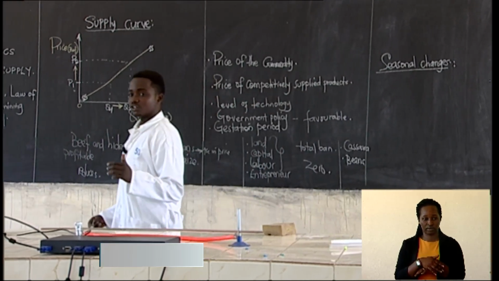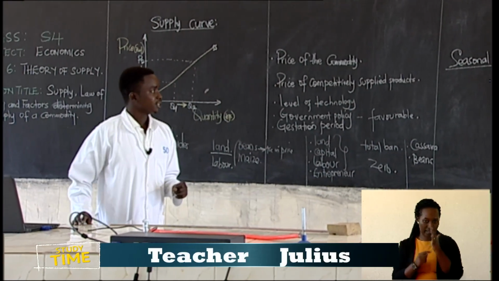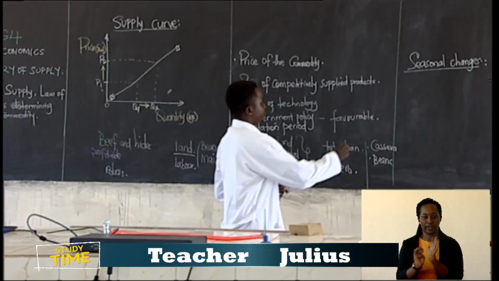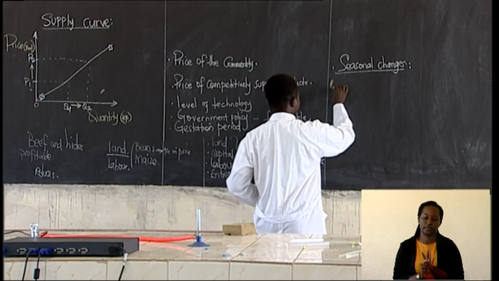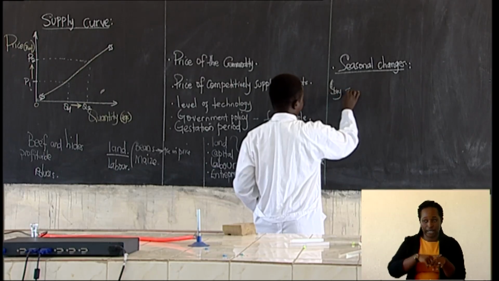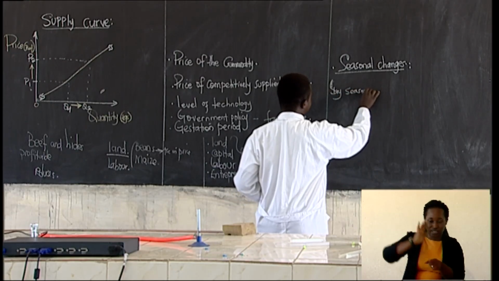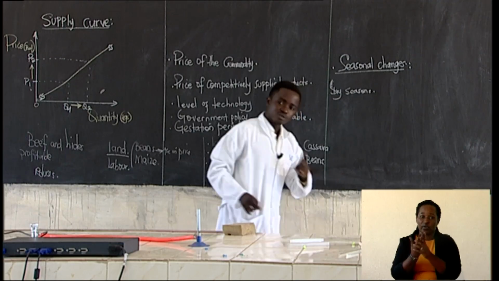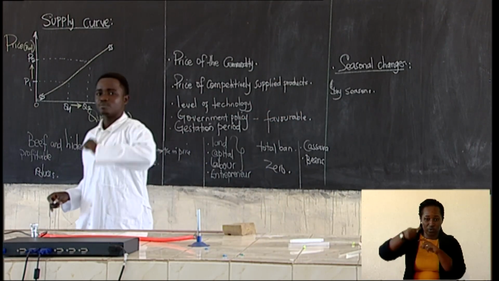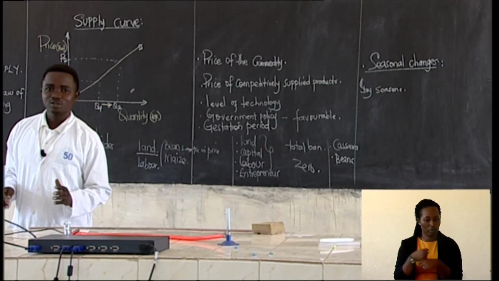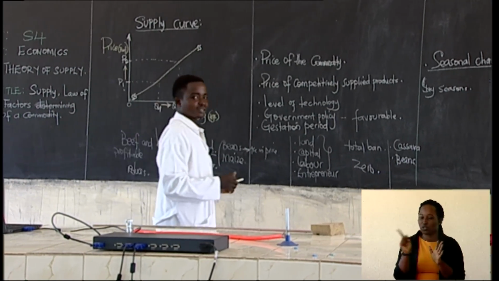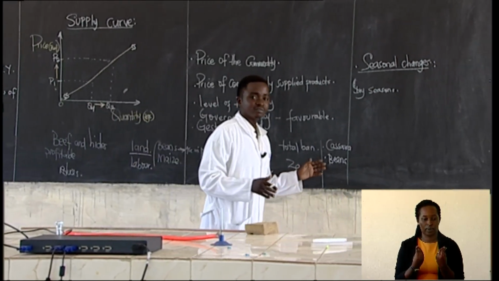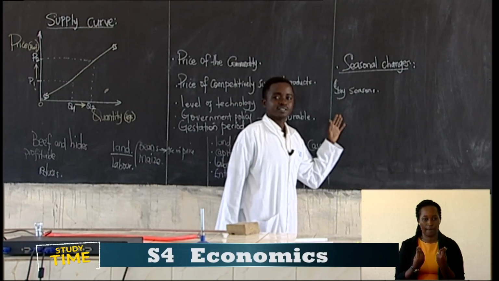For example, in dry seasons you may not easily increase the supply of vegetables because the prevailing conditions don't favor their growth.